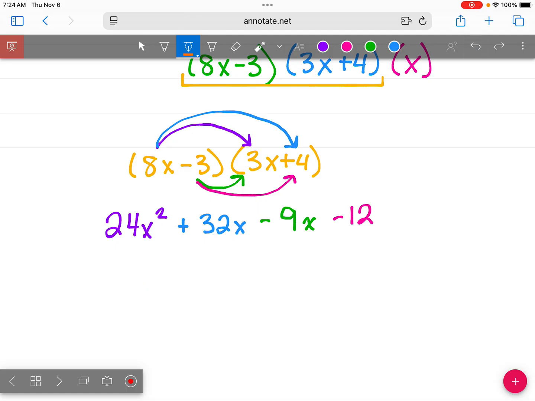So we have our 24x squared, which doesn't have anything it can combine with. And then we do have a set of like terms here in our 32x minus 9x. We can combine those together. 32 minus 9 is going to give us 23. So we'll have a plus 23x, and then that minus 12 is just chilling.